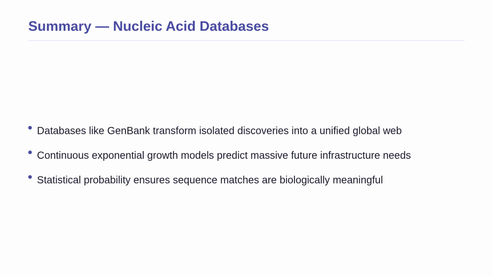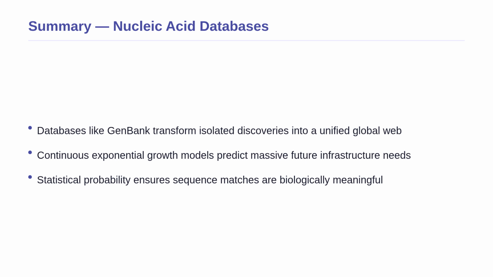We have covered a lot of ground today, so let us review our key takeaways. First, nucleic acid databases are the essential digital infrastructure of modern biology, transforming isolated genetic discoveries into a globally accessible web of knowledge. Second, we learned that these databases grow explosively, and we can predict their future size using continuous exponential growth models.